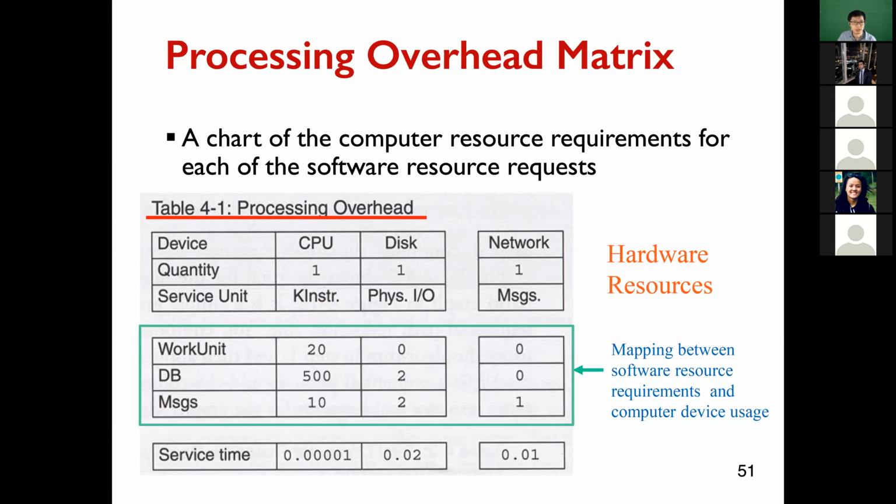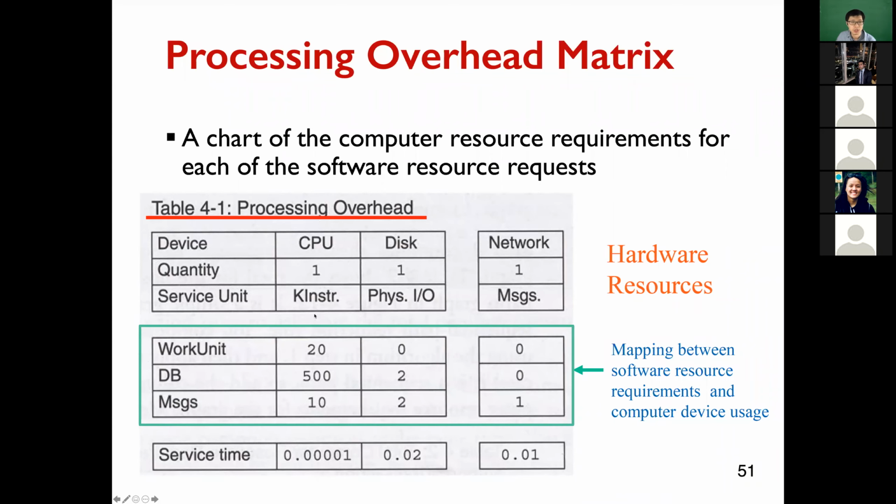For the message software unit, we map it to 10K instructions of CPU, 2 disk IO, and 1 network message. So we do this mapping. And for each unit of this hardware resource, we have the time, which is called service time.